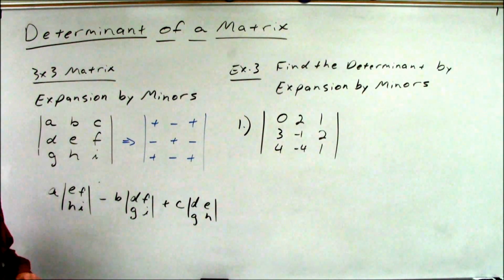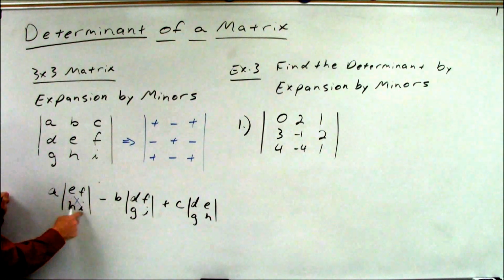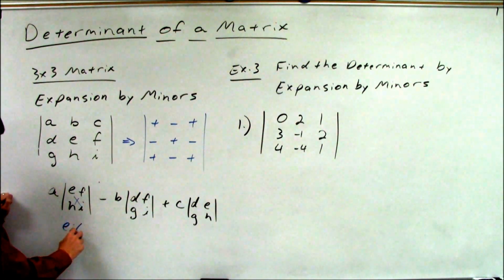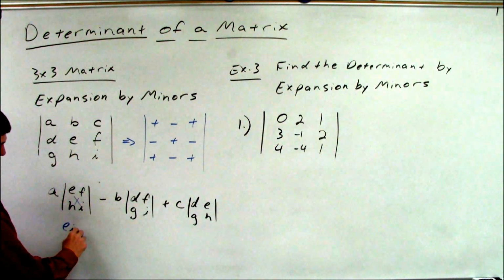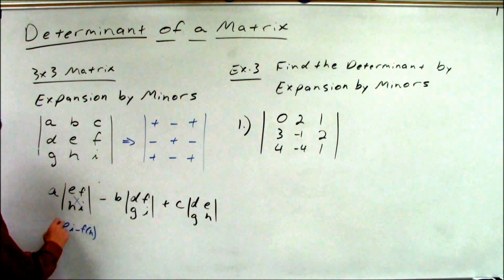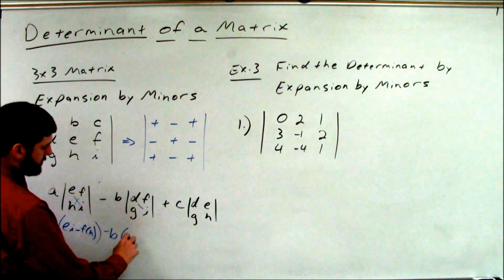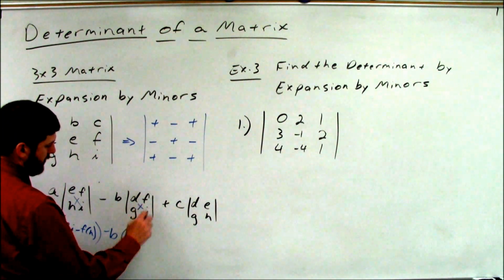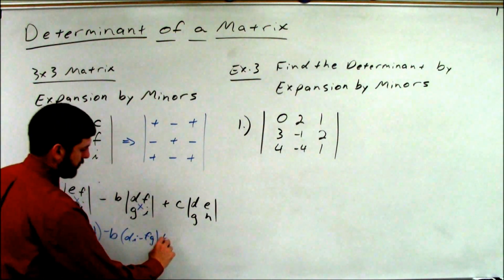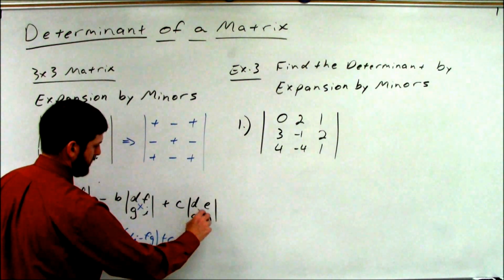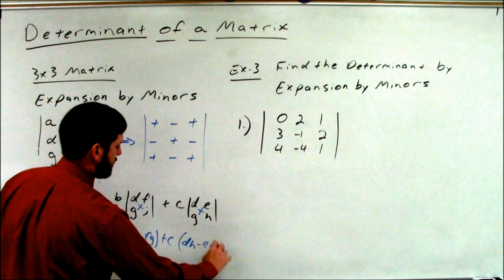Now, if we were to go through and do these little determinants, EI minus FH, all that's getting multiplied by A. Negative B times DI and FG, plus C times DH and minus EG.